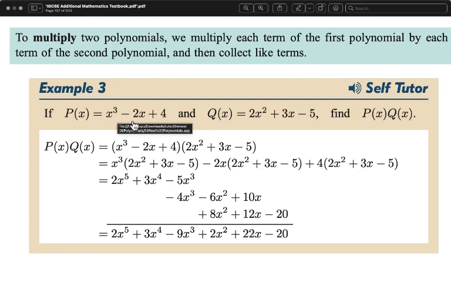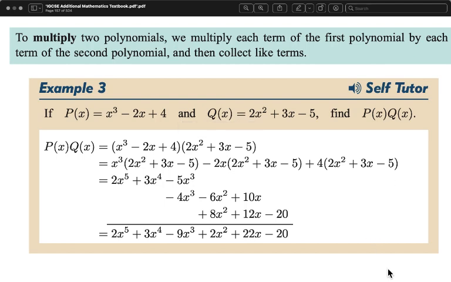The second term is minus 2x, so you take minus 2x and multiply it with q(x). Minus 2x will first multiply with 2x squared, then with plus 3x, and then with minus 5. And the last term is 4, so 4 will first multiply with 2x squared, then with 3x, and then with minus 5.